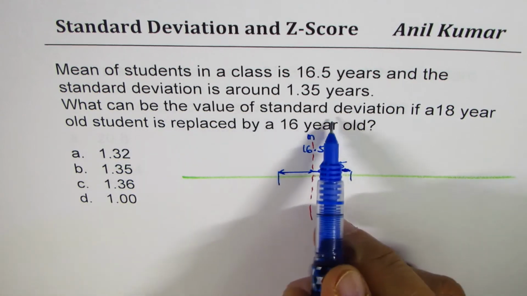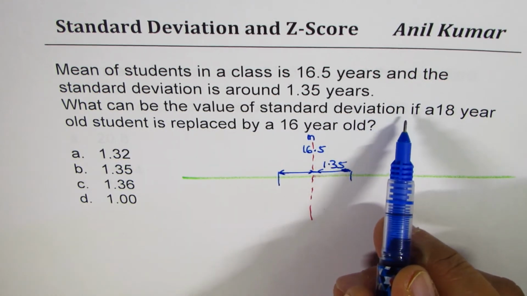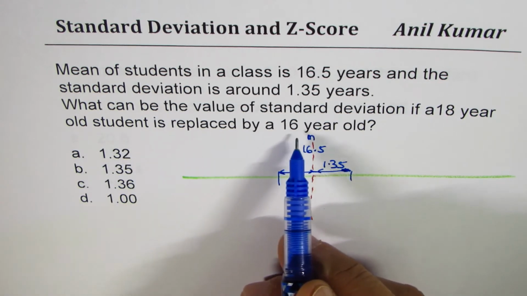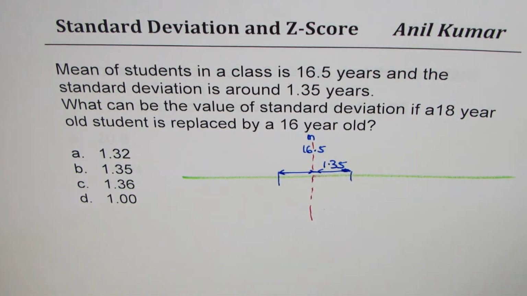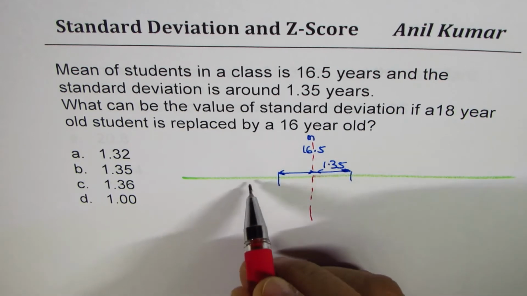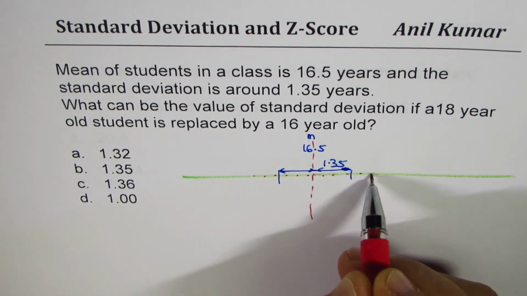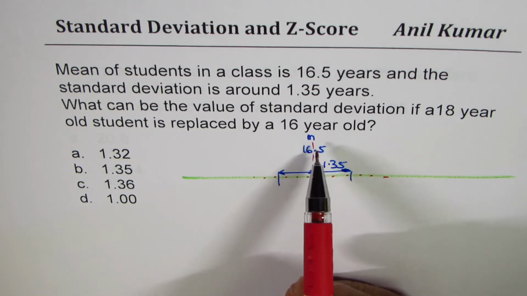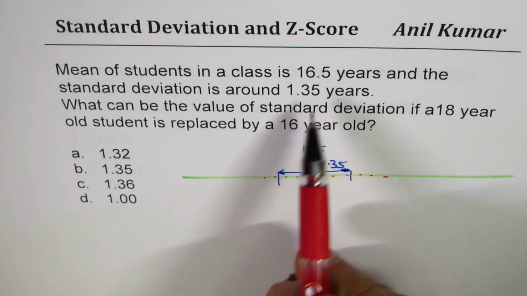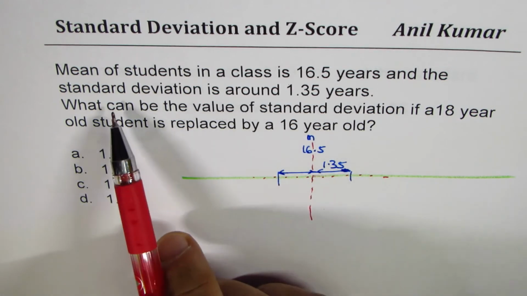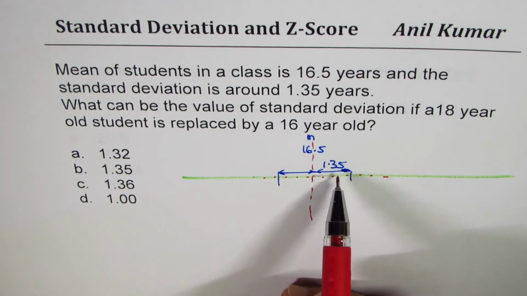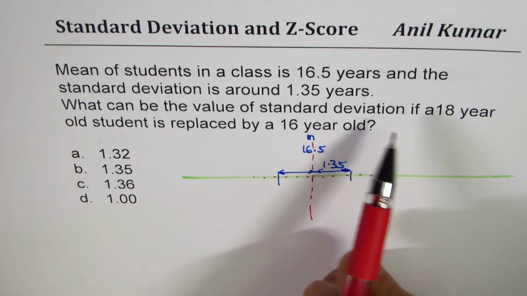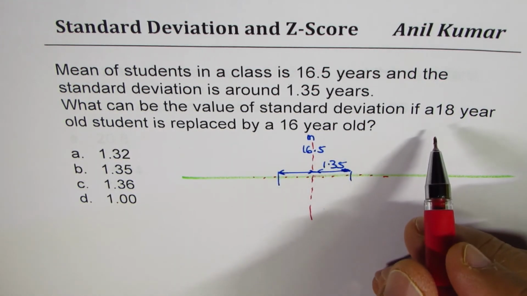What can be the value of standard deviation if a 18-year-old student is replaced by a 16-year-old, right? So what we have here is some data, based on which we have calculated that the mean is 16.5 years age and standard deviation is 1.35.